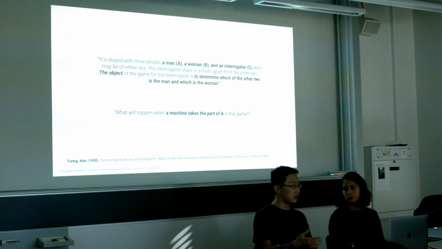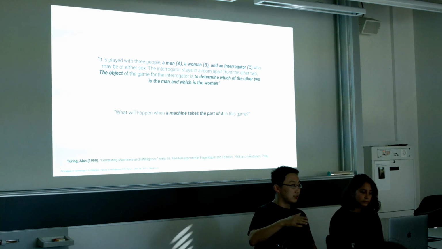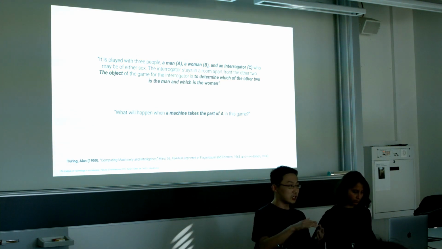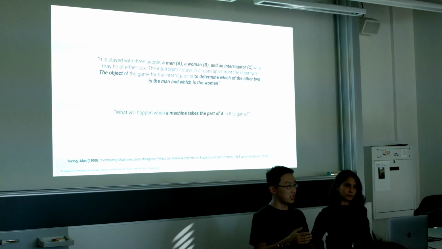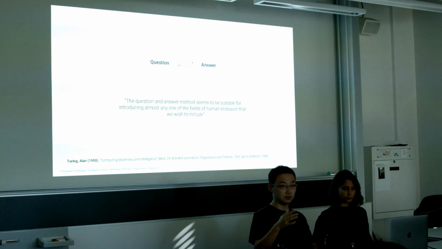Turing suggests that if the machine is capable of reaching the average level that a man being A can produce, then we can believe that somehow this machine acts intelligently. This is the basic idea of this game.